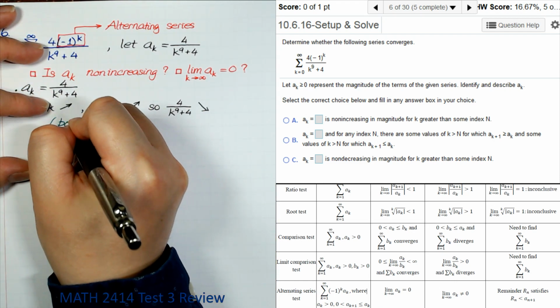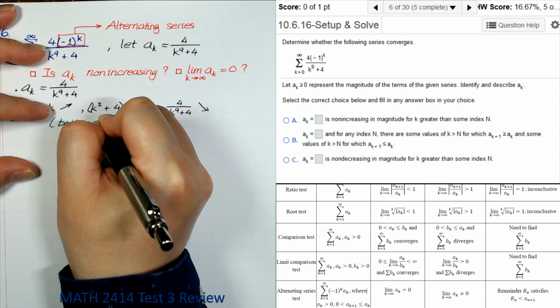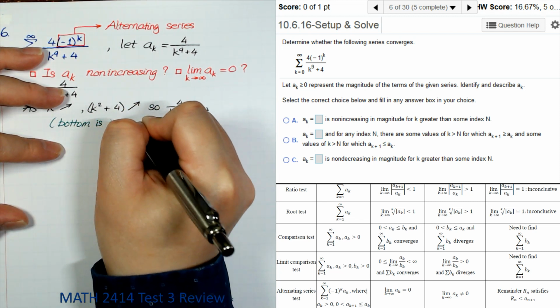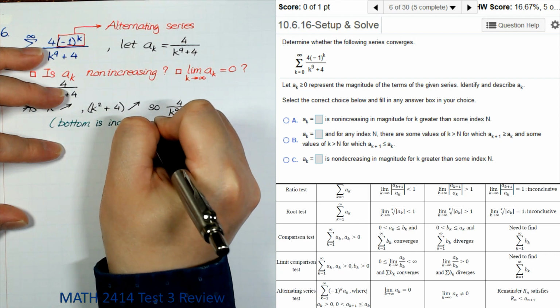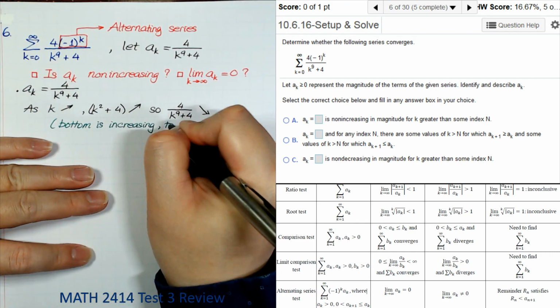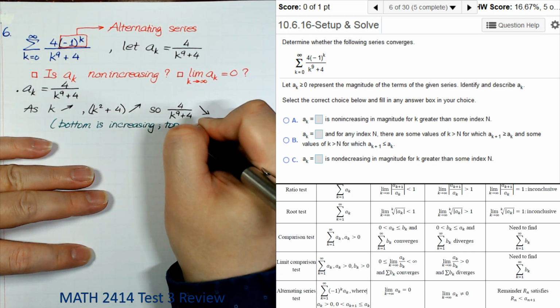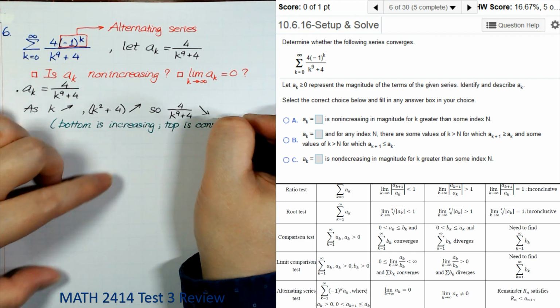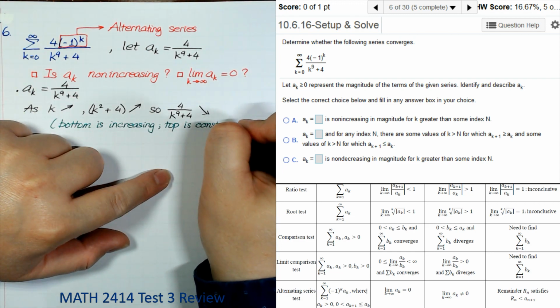The reason being the bottom increases, but the top is constant. So we have the same number, but we keep dividing by a bigger and bigger number.